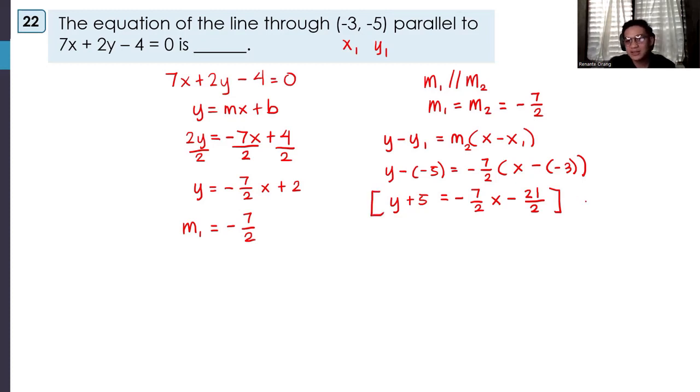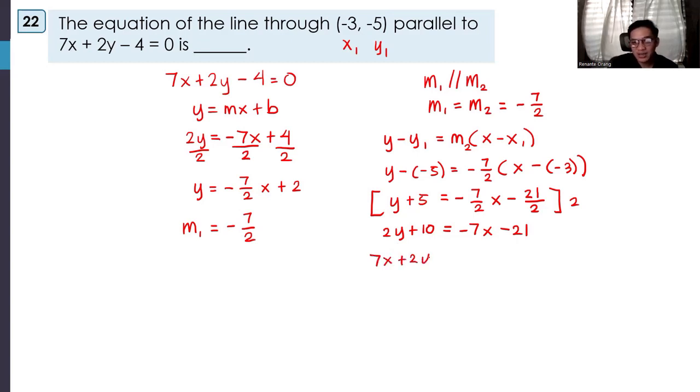Multiply both sides by our greatest common denominator, which is 2. So, magiging 2y plus 10 is equivalent to, eto cancel out, negative 7x minus 21. Transfer natin lahat. Sa left side, magiging 7x plus 2y, 10 plus 21 is 31. So, magiging positive 31 is equivalent to 0. And this is our final answer.